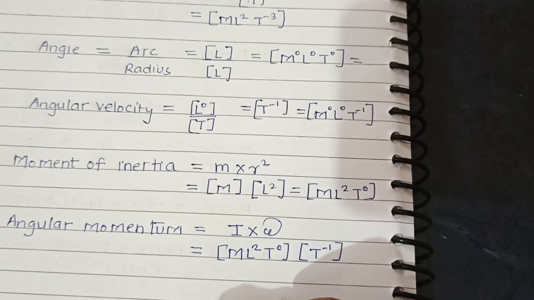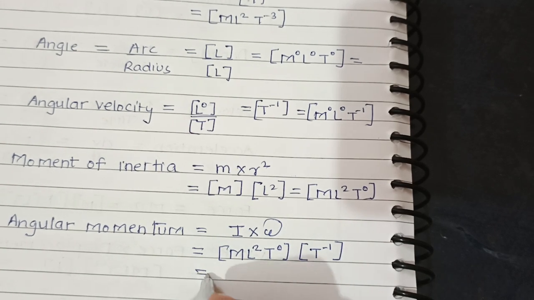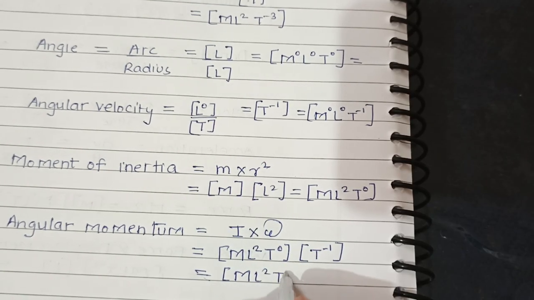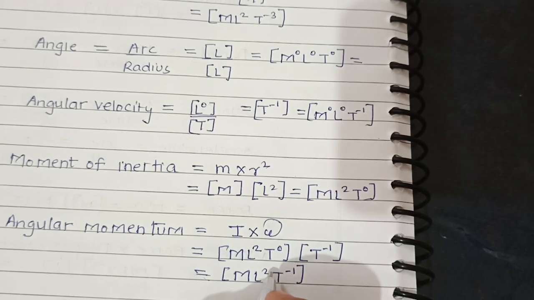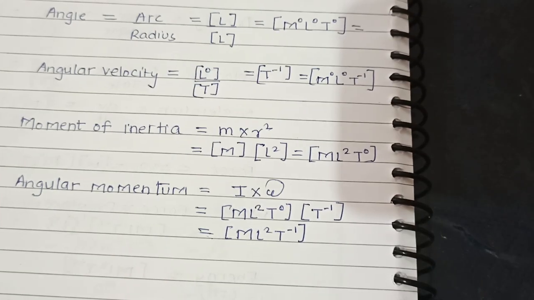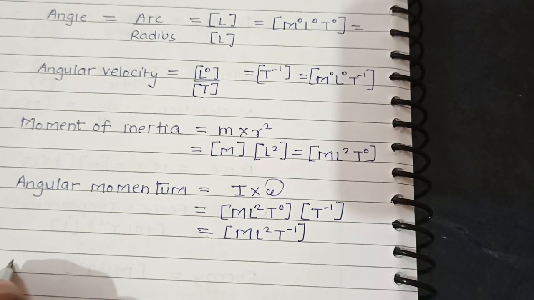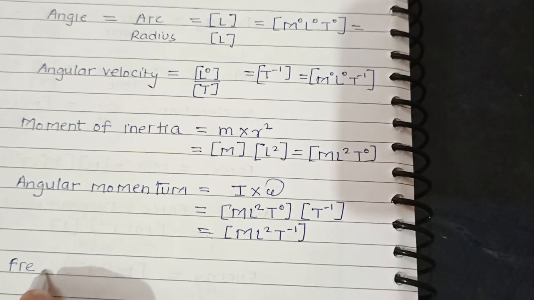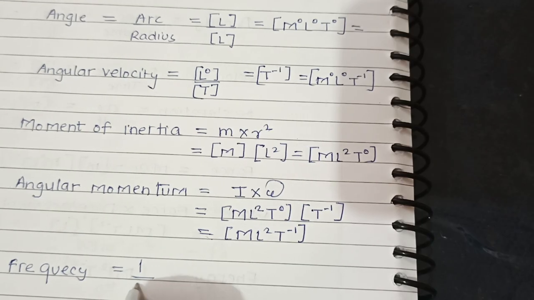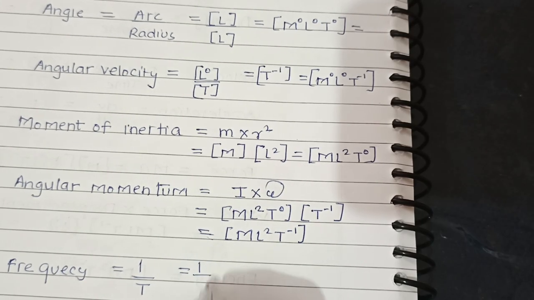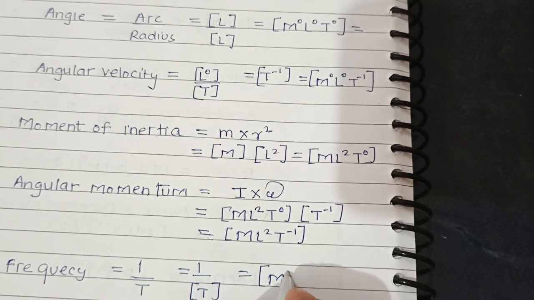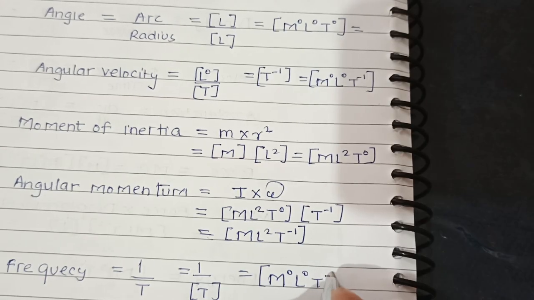So that is M L square T minus 1. Frequency is equal to 1 upon T. So 1 upon T, that is M to the power 0, L to the power 0, T minus 1.